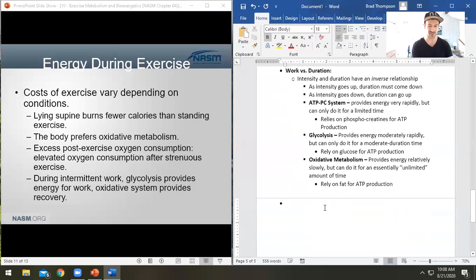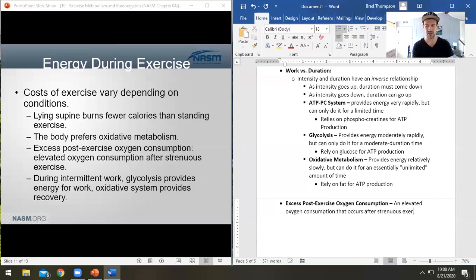So excess post-exercise oxygen consumption is going to be an elevated calorie burn, I'm sorry, elevated oxygen consumption that occurs after strenuous exercise.